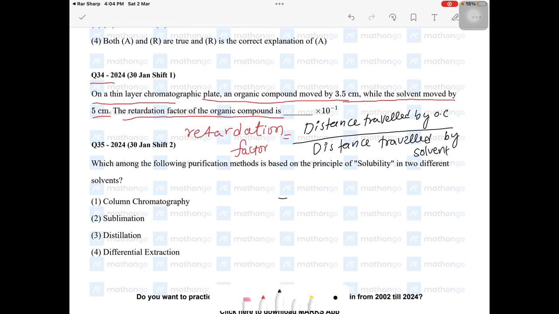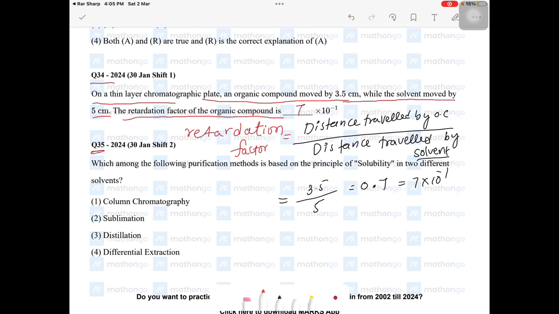So now distance traveled by organic compound is 3.5. Distance traveled by solvent is 5, that is equal to 0.7, 7 into 10 to the power of minus 1. That's why here the answer is 7.